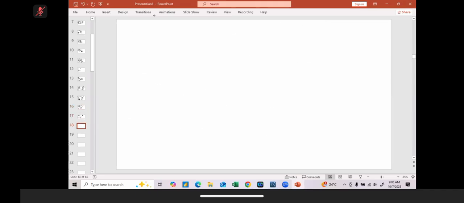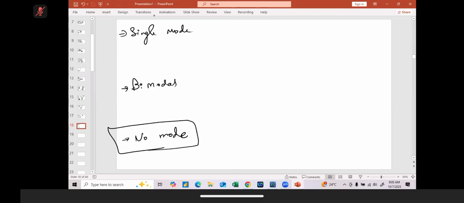There are three types of mode: single mode, bimodal, and no mode. The data that we have taken comes under no mode, if all the numbers are repeated only once.